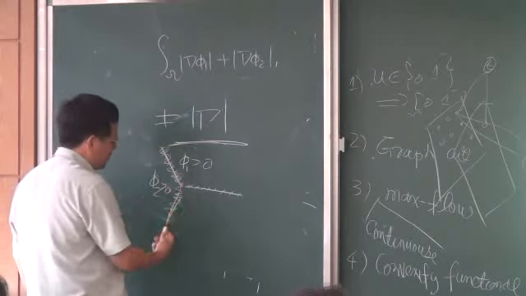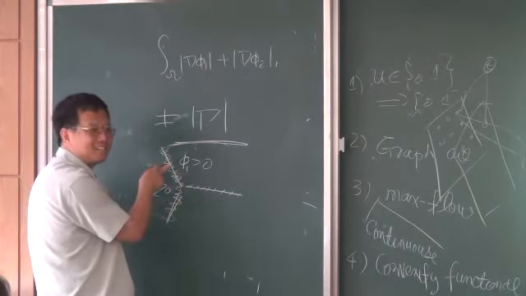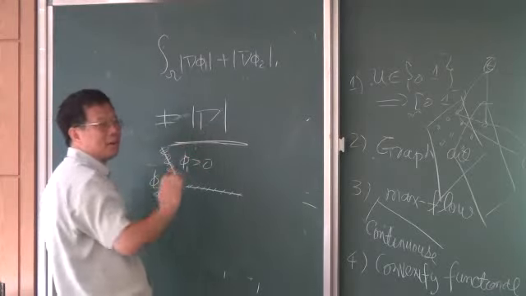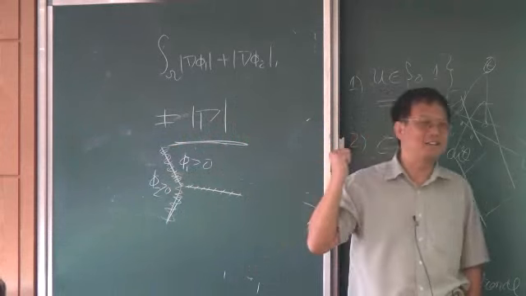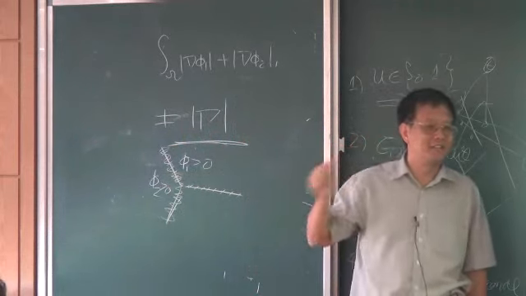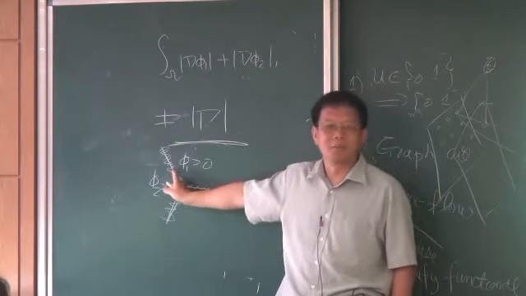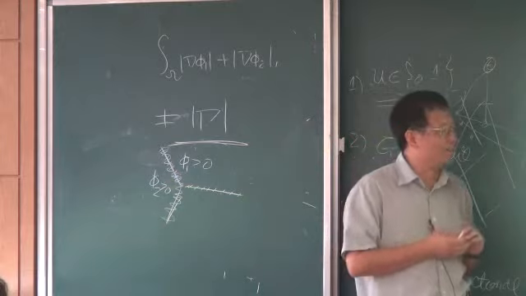So you can see those two lengths are counted once, but this length is counted twice. So this one does not equal this one. In some cases you are minimizing the length of an interface, but in this case you are not minimizing the length. Here you have a double counting. And that's the reason we can get a global minimizer.